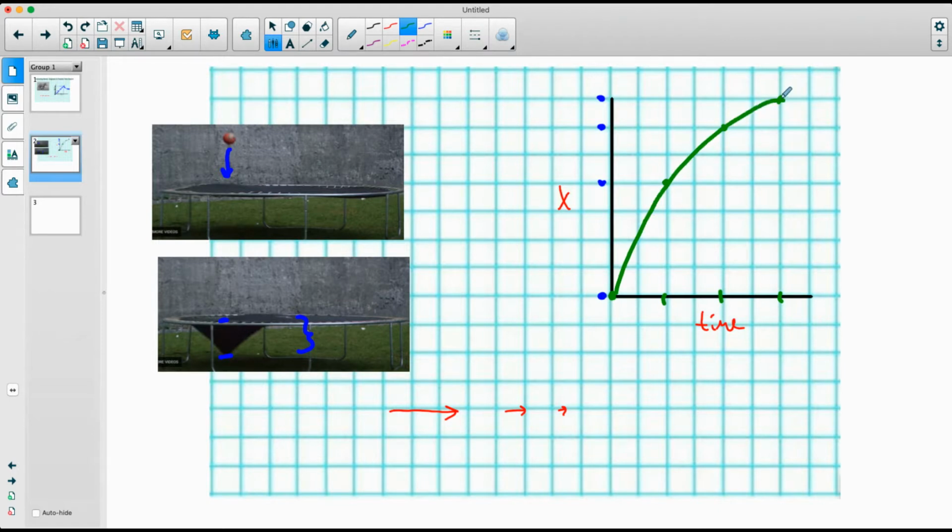That's curving like that. And in fact, that's what we would expect for a position time graph for an object that's slowing down. It would have a steep slope here and a less steep slope here and even less up there. So yes, the position time graph can be made by thinking about the slope, but again, it can also be made by simply making a motion diagram and translating that up into the position axis of the graph.